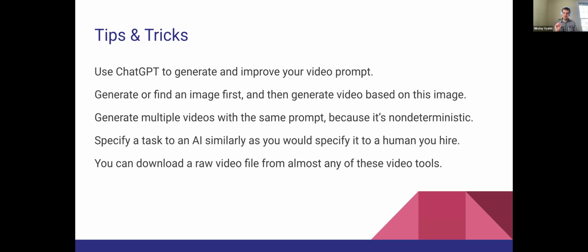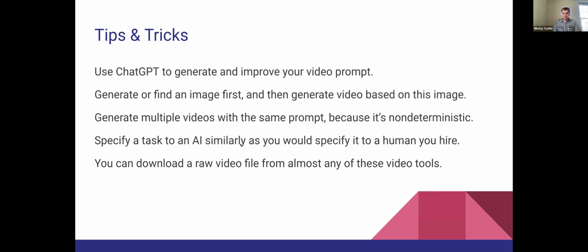But if video or image is close to human but not very close, sub-realistic, it's creepy, it's scary, and it's sometimes hard to generate good humans. In this case, you can try multiple times and generate multiple videos. Some of them will go to trash, and some of them will be good, and you will use them.